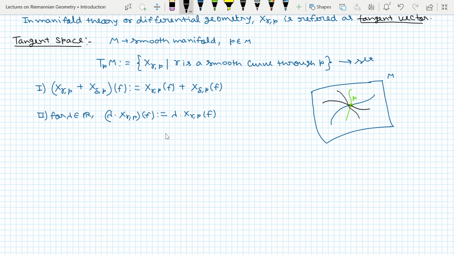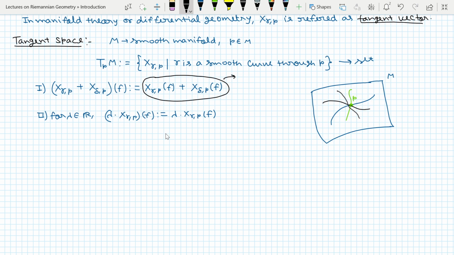In this addition, when we add these two things and get this object, we understand that we add two functions of the same type. Both of these are functions from C infinity of M to R. After adding them up, of course, we get a function from C infinity of M to R. But this only takes care of 50% of the definition.